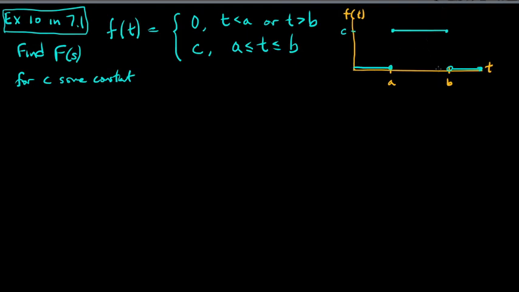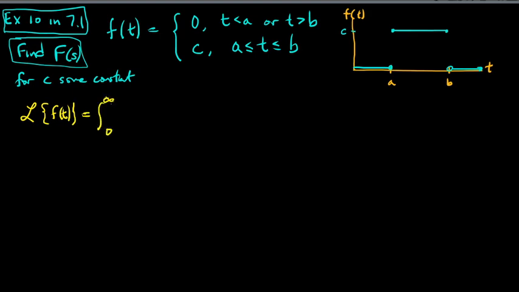So that's the function. It's not continuous, but it is piecewise continuous. It has these finite jumps. Okay, so we want to find the Laplace transform, capital F, of this function. And this is one where we're just going to use the definition again. I don't see why not. So the Laplace transform of f of t is, well, here's the definition again.